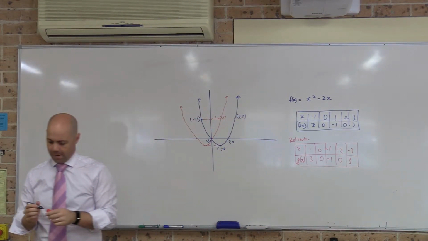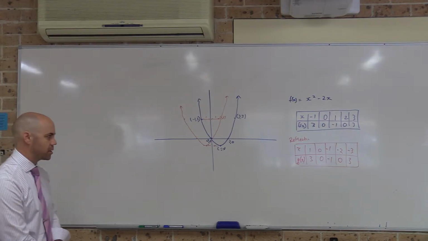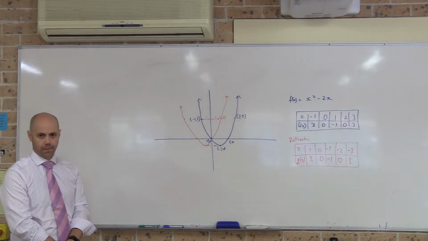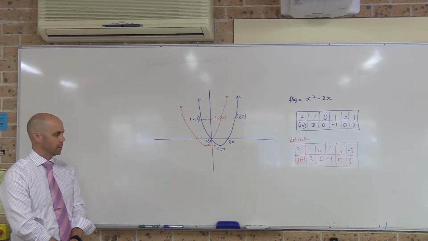What do you notice about those two tables of values? The x swaps signs. The bottom stays the same. The x value has the opposite sign, and the y value has stayed the same.